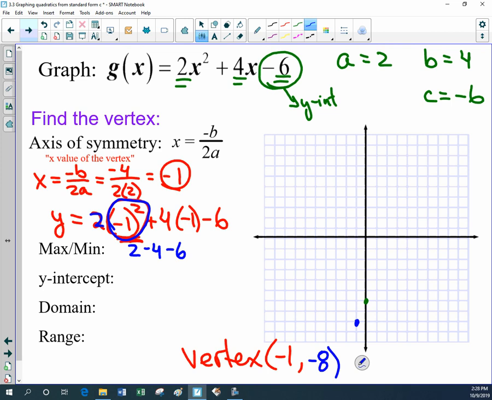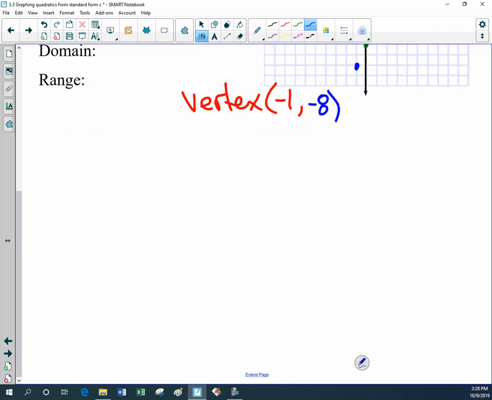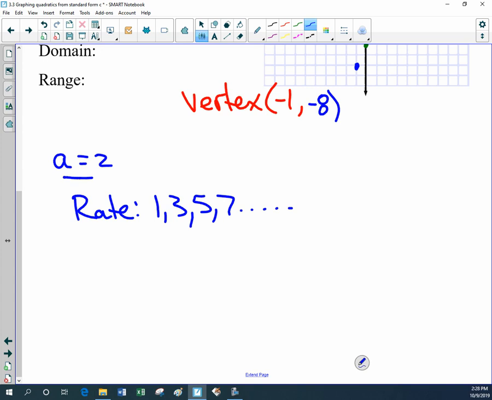All right, then to find the rate of increase, I'm going to scroll down here. We said that a is 2. The normal rate is 1, 3, 5, 7. Whatever a is, we multiply a times that normal rate of 1, 3, 5, 7.